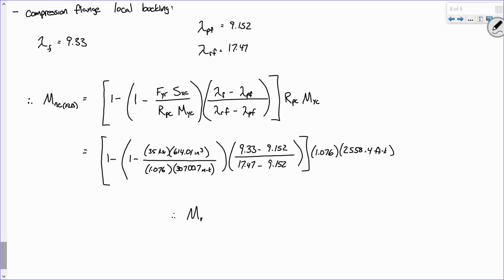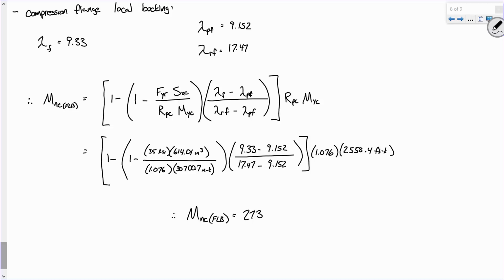that the nominal moment capacity for flange local buckling is, let me find it, 27, there we go. All right, mine came out a little lower.